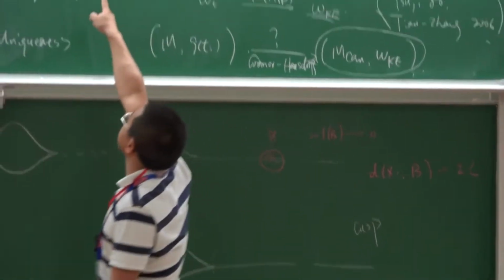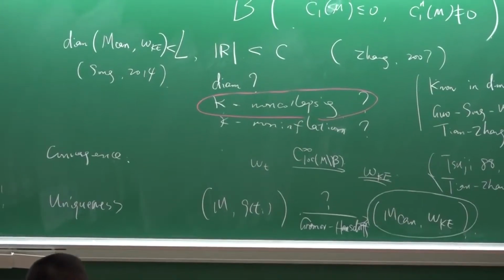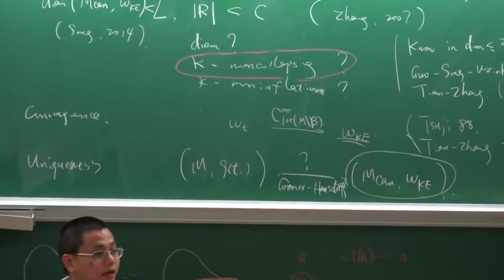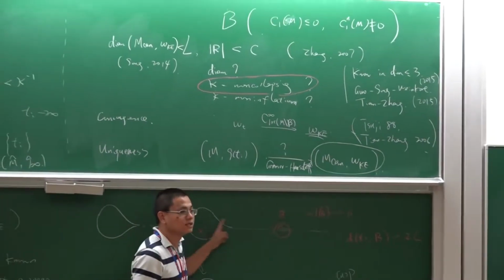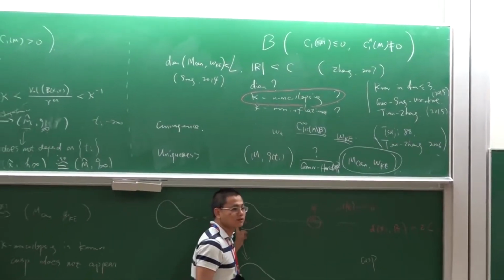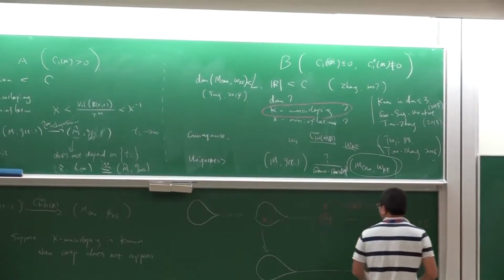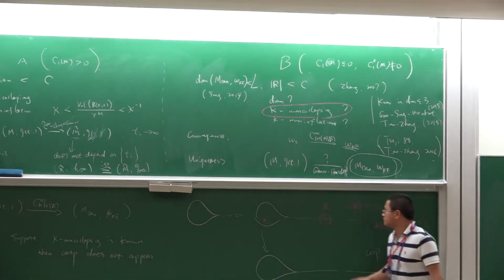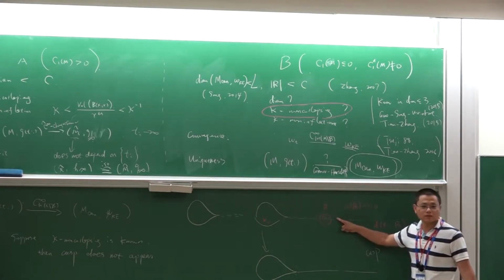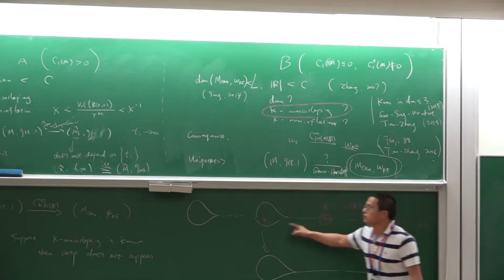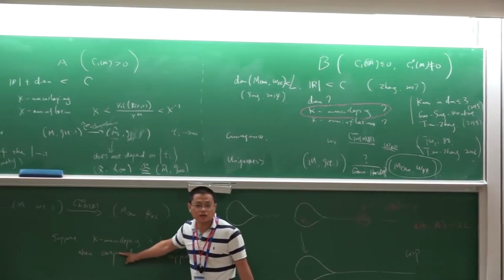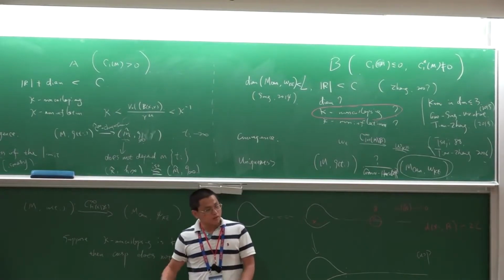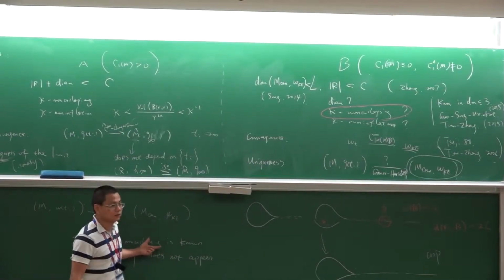By Song's estimate, the regular part has diameter bounded by L. So I can choose a point whose distance to the regular part base point is 2L. Then by the current convergence, this volume will converge to 0, right? But if you know kappa non-collapsing, you get a contradiction.